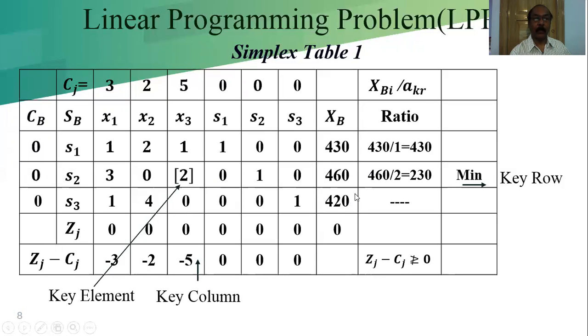Now corresponding to the 420, what is the value in the key column? 0. 0 into this, so this will be unaltered. Now take any other element. The corresponding value in the key column is 0. Both are 0, so this will be unaltered. In this way we have to calculate this.